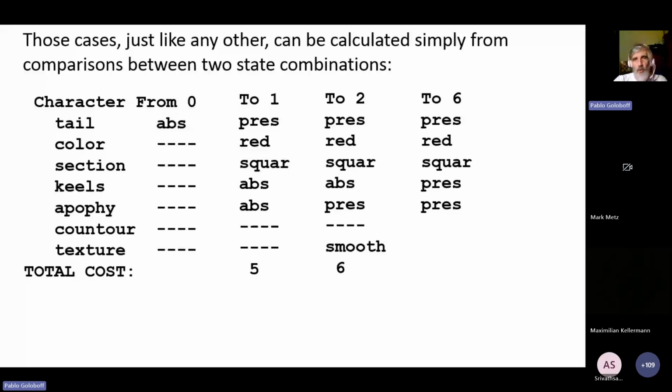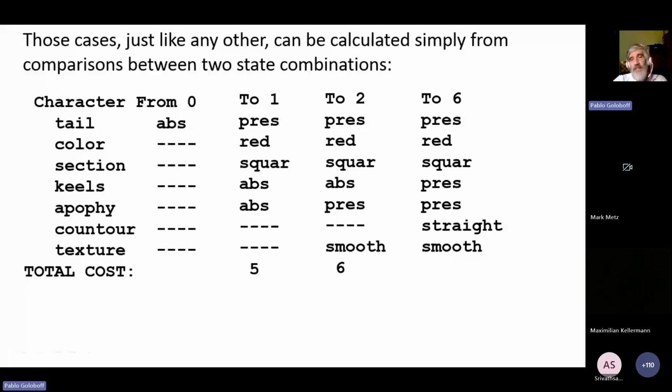And if you go to, say, state number 6, where both keels and apophysis are present, you are going to specify conditions for both the keels and the apophysis, and that would be 7 steps.